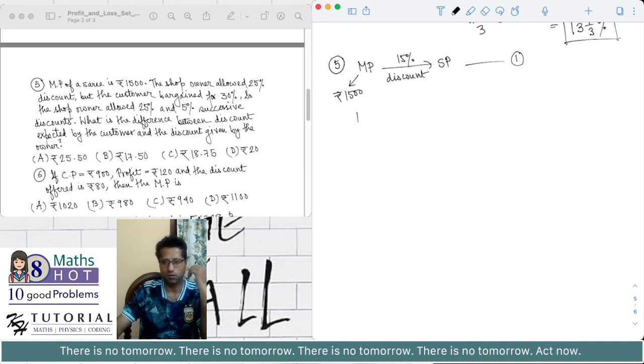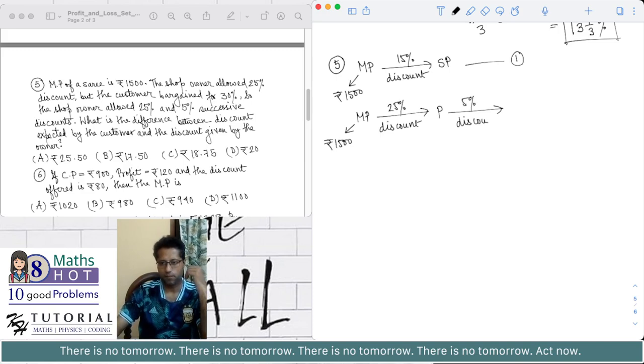So the second scenario is that the mark price is the same, but there are two successive discounts. Let's say after 25% discount, the reduced price becomes P, and again, based on P, there is a 5% discount, and we have finally the selling price.